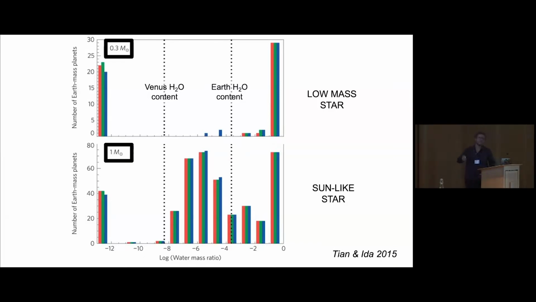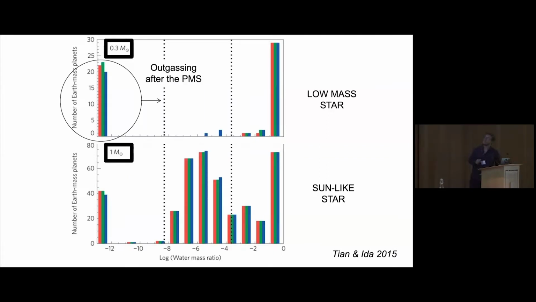They acknowledge in this paper that it may not completely be true, especially if after this pre-main sequence phase you have later delivery through impact, for example, or later outgassing that will bring back some volatile to the surface and the atmosphere of the planet.